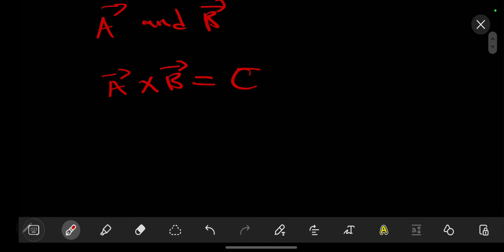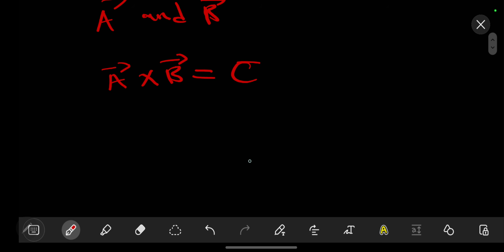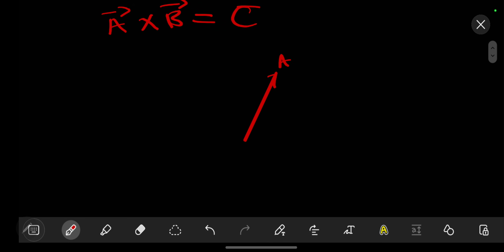For example, let's say we have three vectors. We have our A here. We also have our vector B here. Now let's say you have another vector, which we are going to be calling C. Let's use a different color.